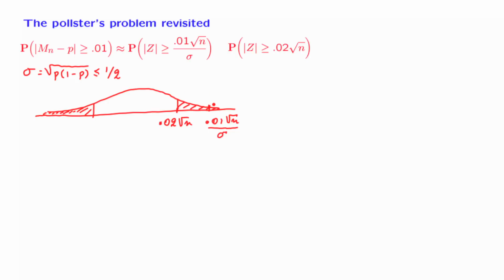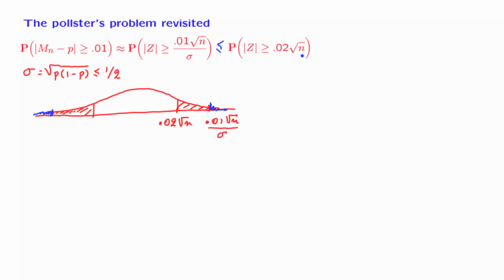Here we're talking about the probability of being larger than or equal to this number, which would correspond only to this part of the tail and similarly a small part of the tail from the other side. So the blue event is smaller than the red event. This is the probability of the blue event, so it's going to be no larger than the probability of the red event. So now, if somebody gives us a value of n, we should be able to calculate this probability.